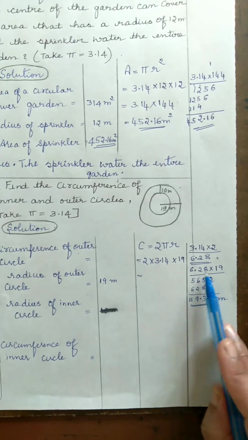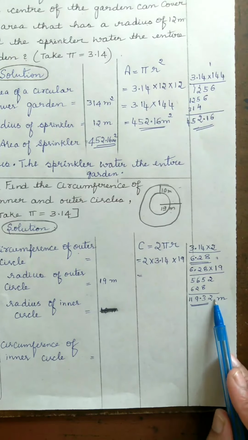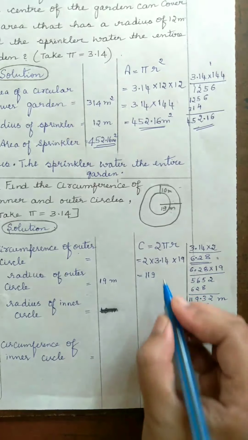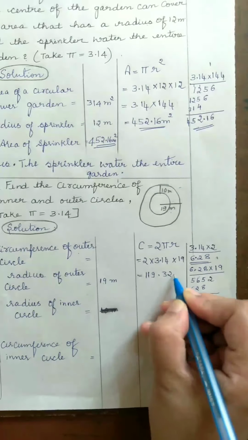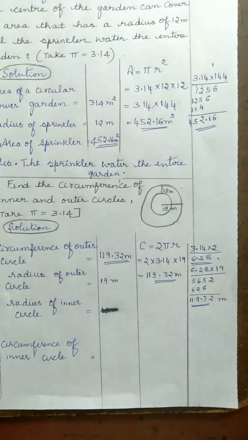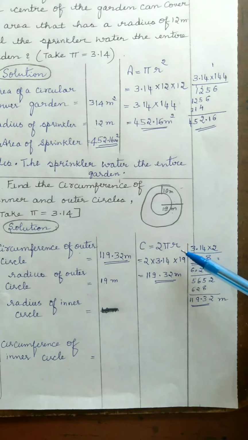So when we multiply and do the simplification, we will get the circumference of the outer circle that is equal to 119.32 meter. Therefore, the circumference of the outer circle will be equal to 119.32 meter using the formula C is equal to 2 pi r, where the radius of the outer circle is 19 meter.